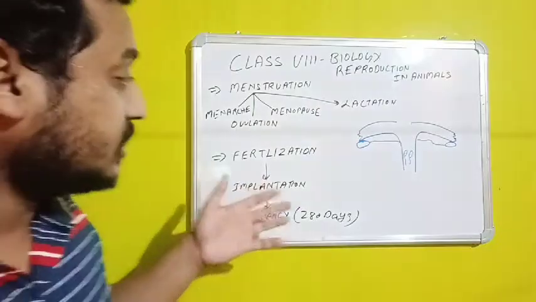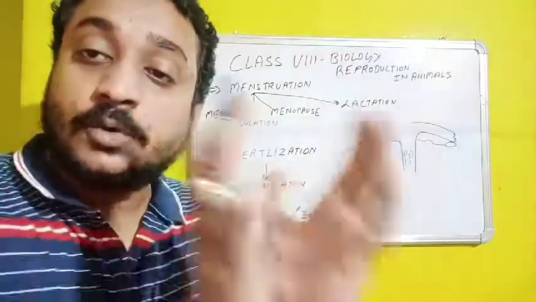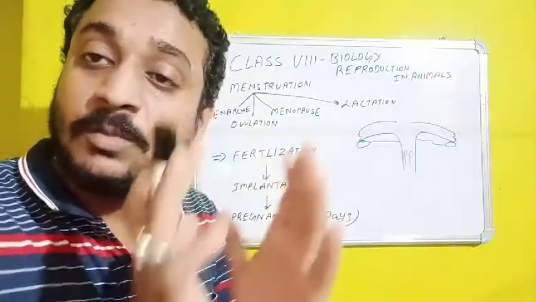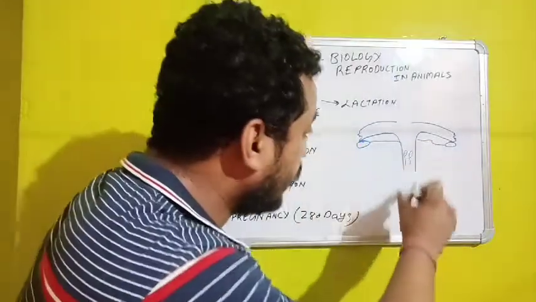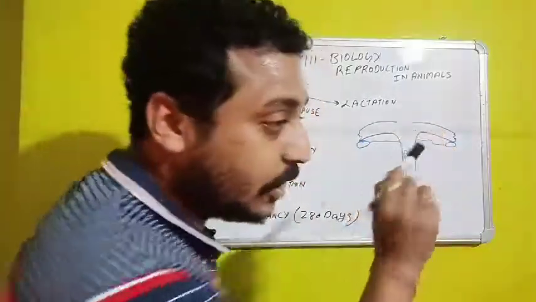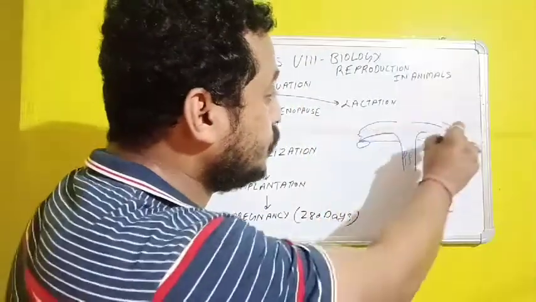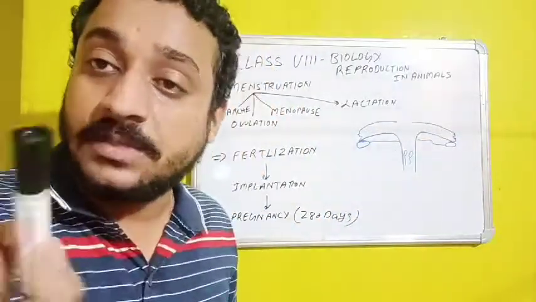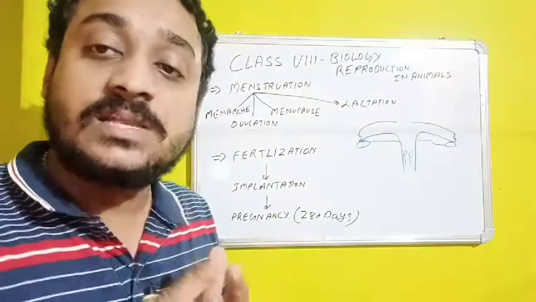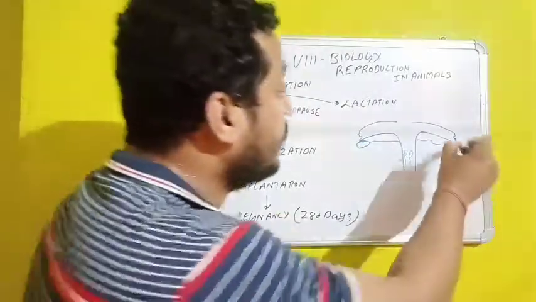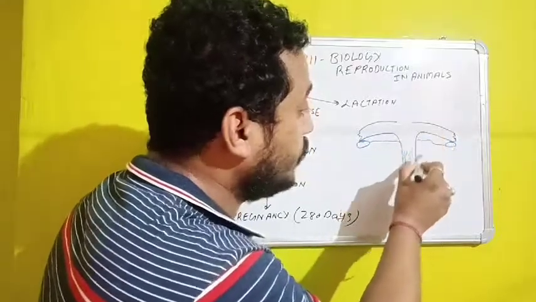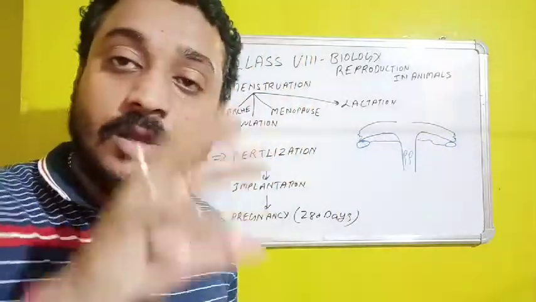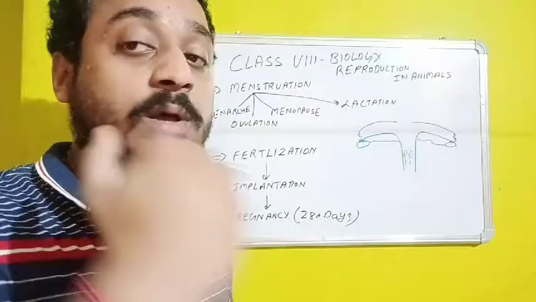And fertilization: when the sperm is deposited into the vagina of the human female during mating, the sperm will cross the cervix area, that is the neck of the uterus. It will slowly reach the fallopian tube where the ovum is present. There it will fertilize the ovum, and the fertilized ovum will slowly come out of the fallopian tube and set itself into the uterus, where it will grow as a zygote.